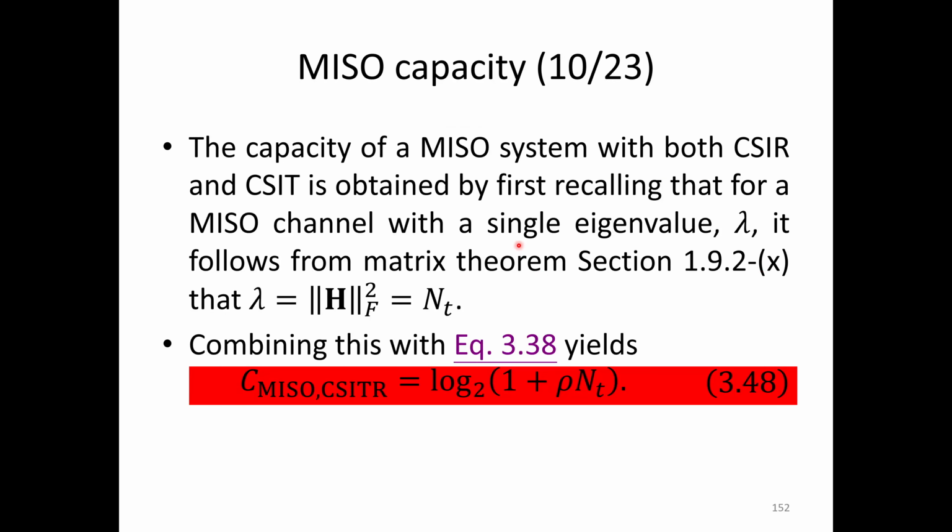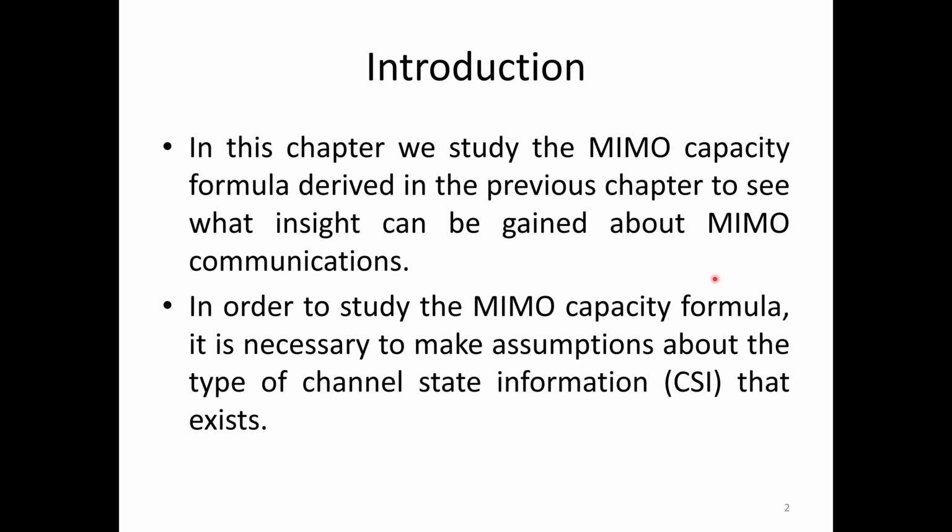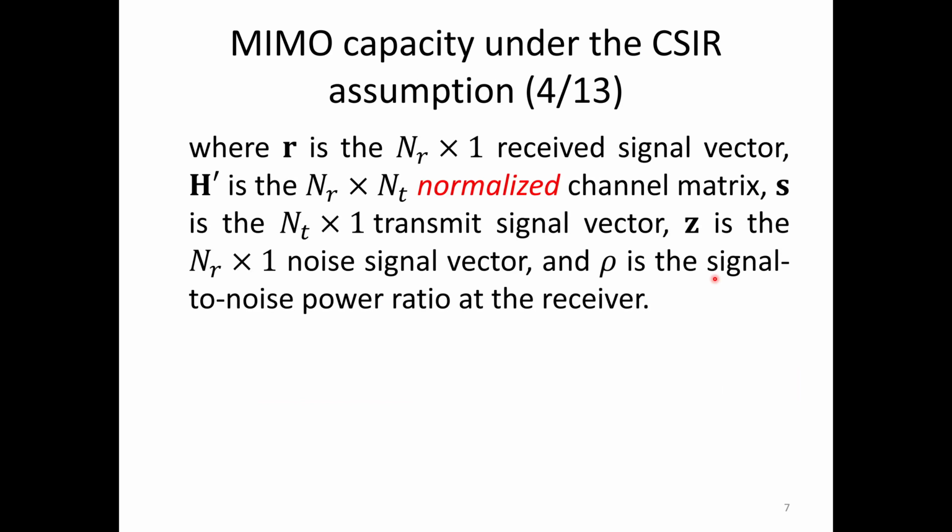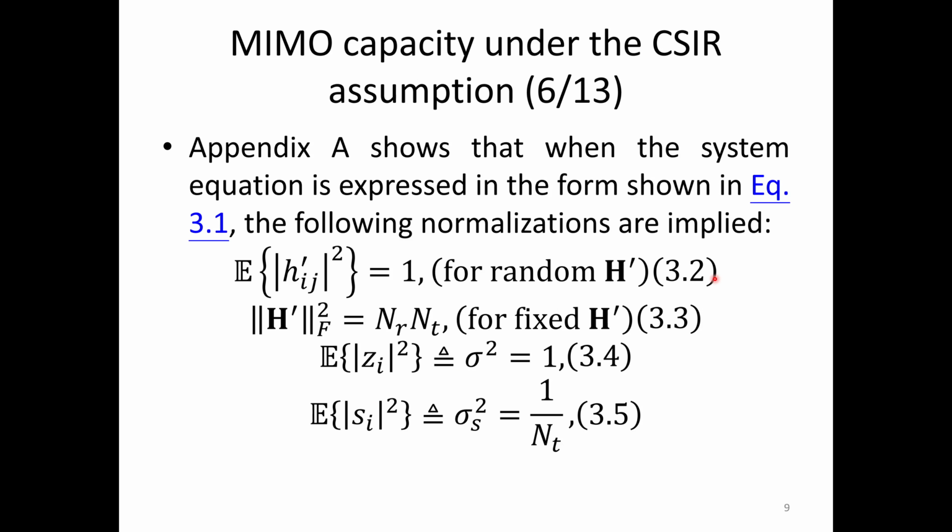So now we know that because we only have a single eigenvalue lambda, lambda is equal to the square of the Frobenius norm of H and is equal to nt. Why does this term equal nt? Let us go back to equation 3.3.